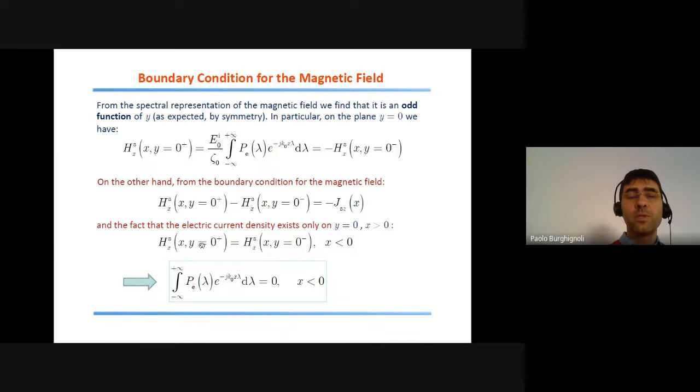So from the spectral representation of the magnetic field, we have that the magnetic field, that is the integral here on the left-hand side in the box, must be equal to 0 whenever x is negative. So this is another integral equation that holds where the metal is not present.